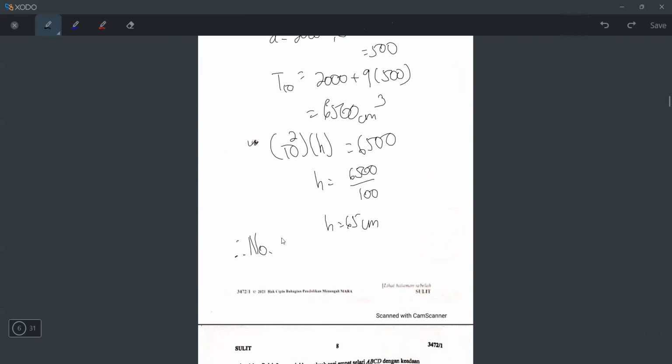So you can write what? The height of the 10th cuboid is 65 cm, which is smaller than 60 cm.